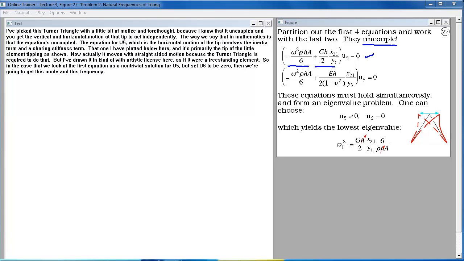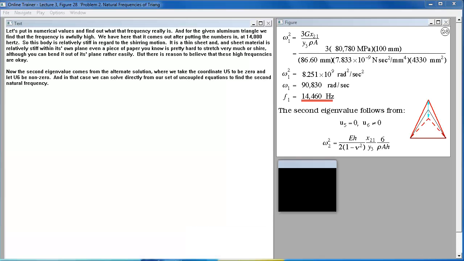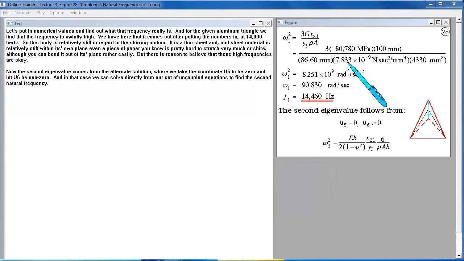In the case that we look at the first equation as a non-trivial solution for U5, but set U6 to be 0, then we're going to get this mode and this frequency. Let's put in numerical values and find out what that frequency really is. For the given aluminum triangle, we find that the frequency is awfully high.